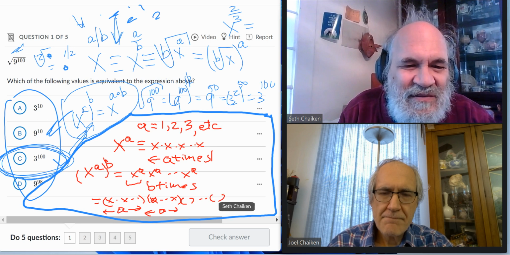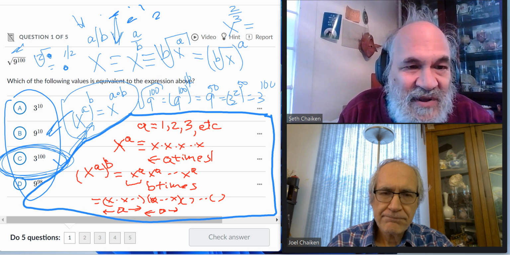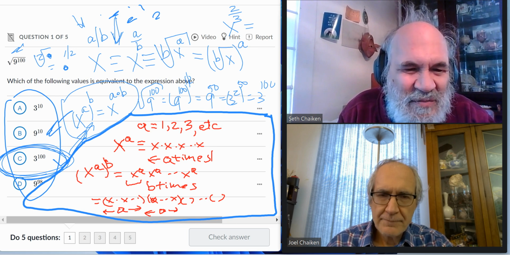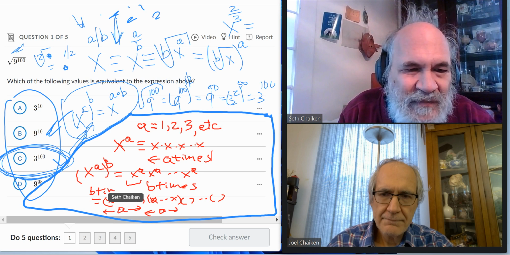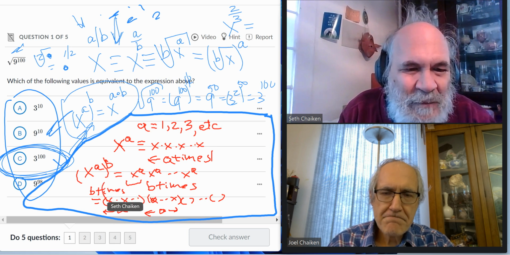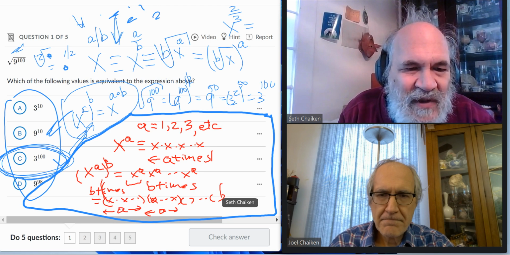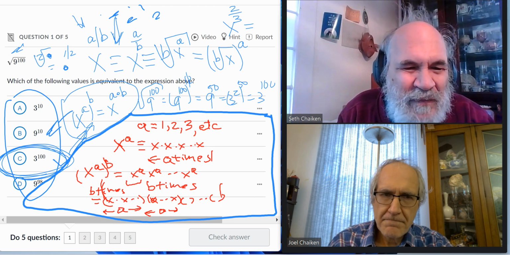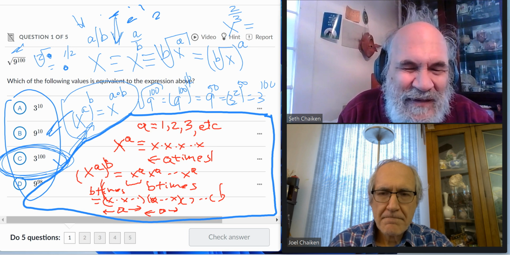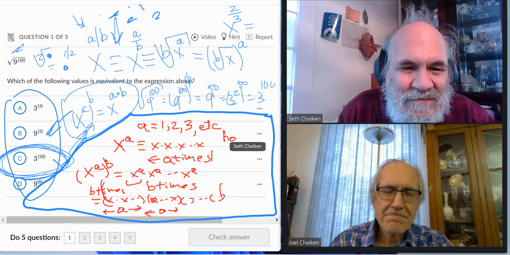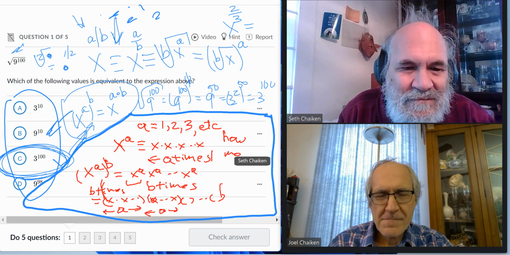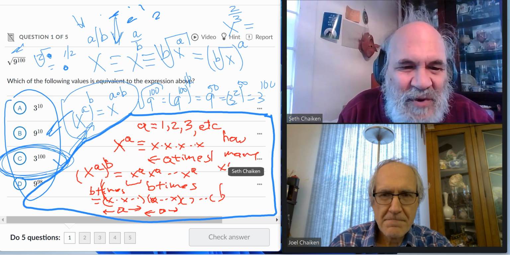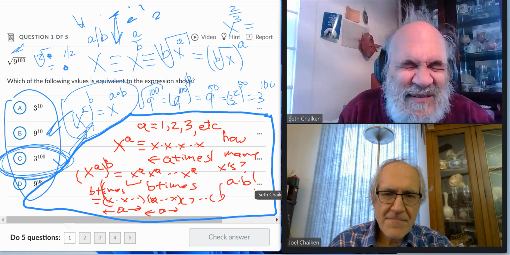A lot of these little parenthesis things, and the total number of parenthesis things multiplied together is b times. Right? From here to here. Now, if you look at this expression, how many x's are multiplied? It's a times b. That's the answer.